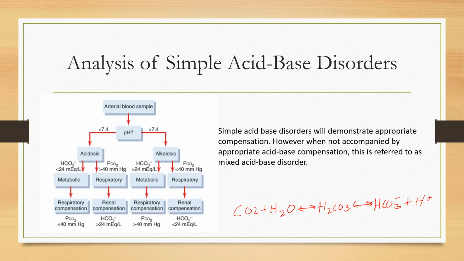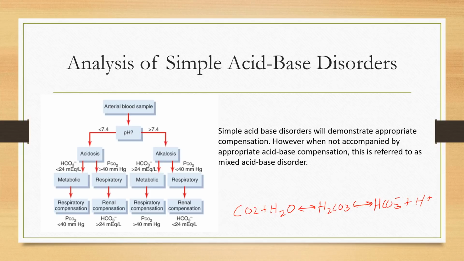Okay, so everything I've just described, respiratory acidosis and alkalosis, metabolic acidosis and alkalosis, if the patient is only exhibiting one of them, so just respiratory acidosis or just respiratory alkalosis, and they're also showing the appropriate compensation, we refer to this as a simple acid-base disorder.